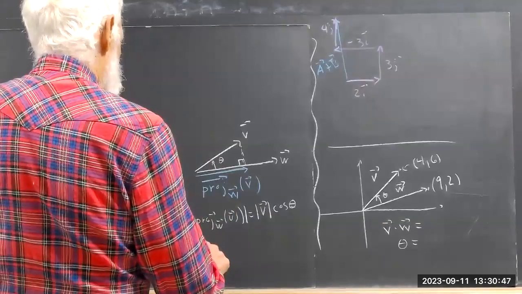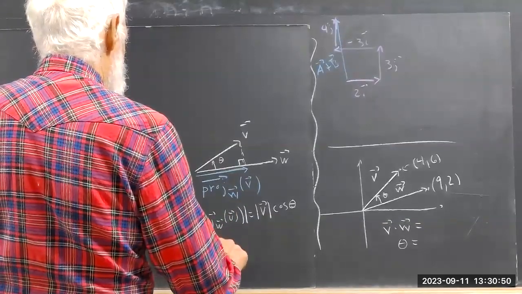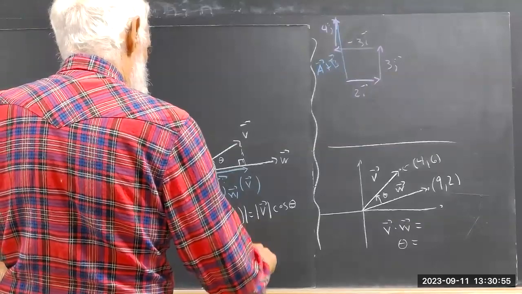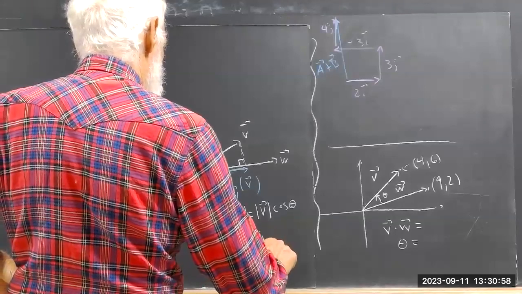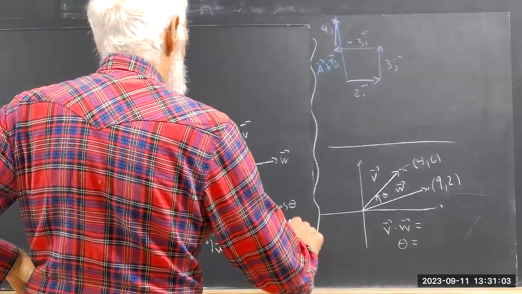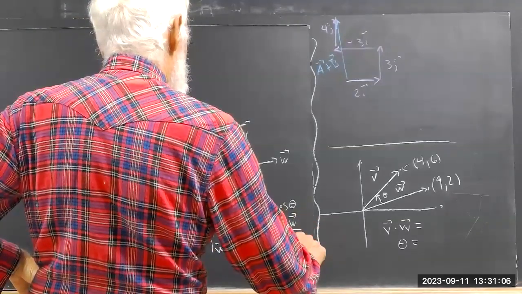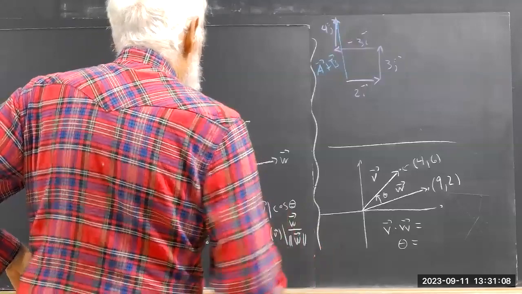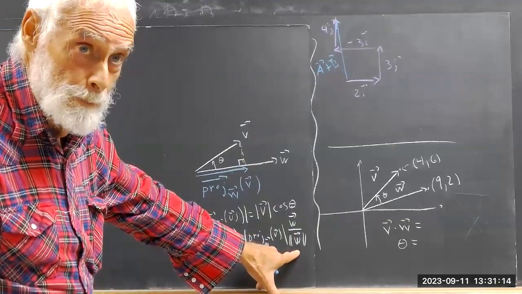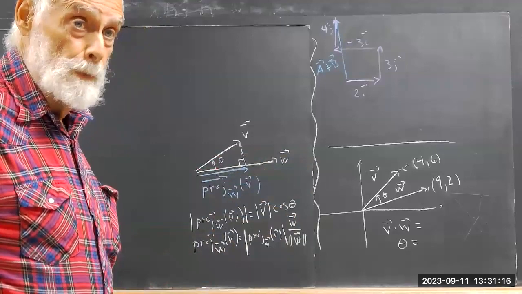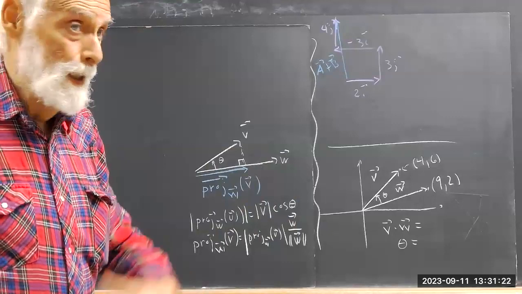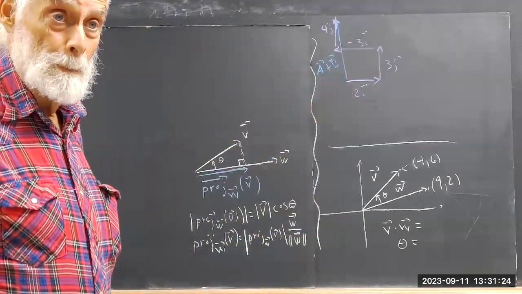And then the vector projection. You have to multiply the scalar projection by the unit vector in the direction of W. You know the projection's in the direction of W. You multiply a magnitude by a unit vector, and you get a vector in that direction, right?